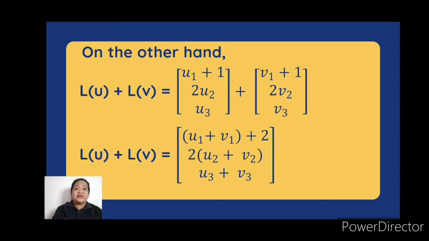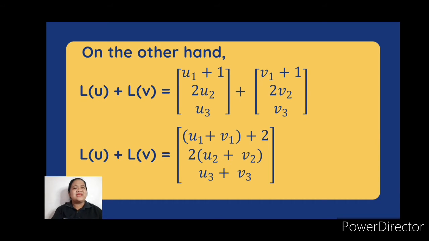We substituted the definition of the given example, and after that we do the math. We combine u1 plus v1 through matrix addition, and then 1 plus 1, we have 2 there. Next, we combine u2 plus v2 and multiply by 2. And also u3 plus v3.